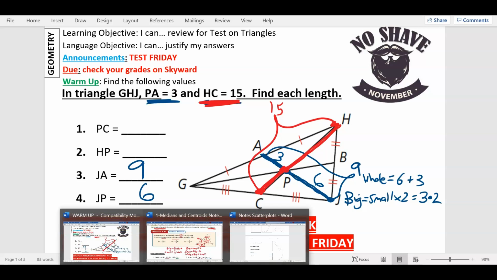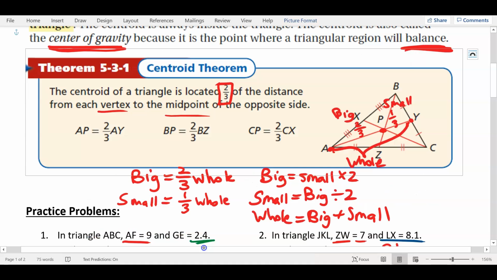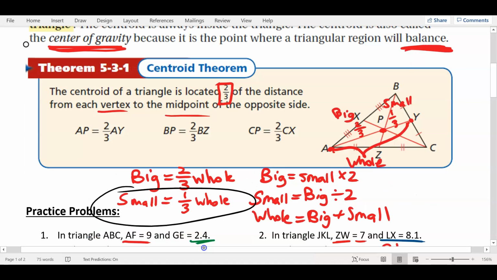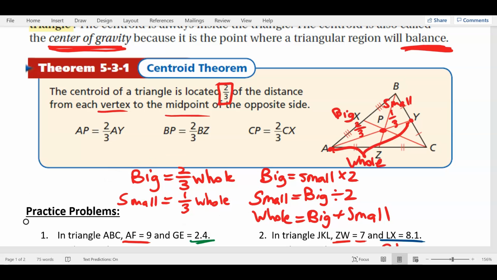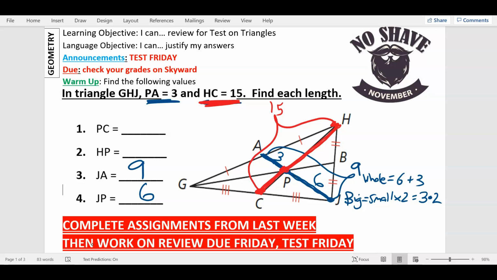Let me show you back on the notes again. Right here. Small one is 1/3 of the whole, big one is 2/3 of the whole, right? We're going to use those two things to help us get these last two sections, okay? But the 1/3 only works if you know the whole thing. And we do. Okay, so here we go. For PC, small equals 1/3 of the whole.